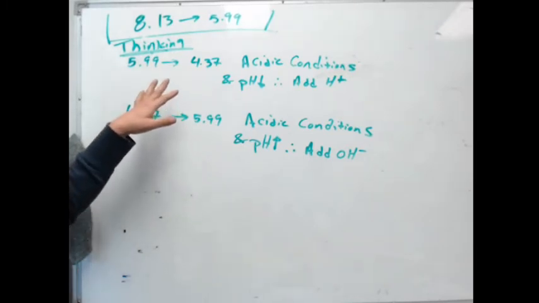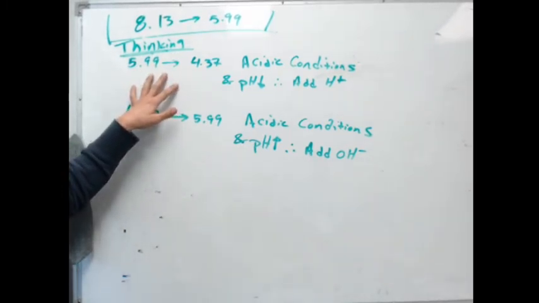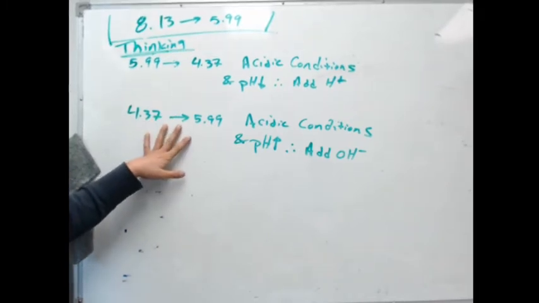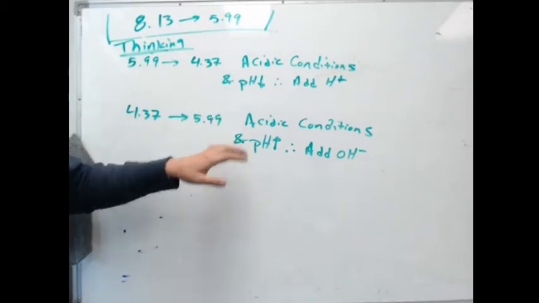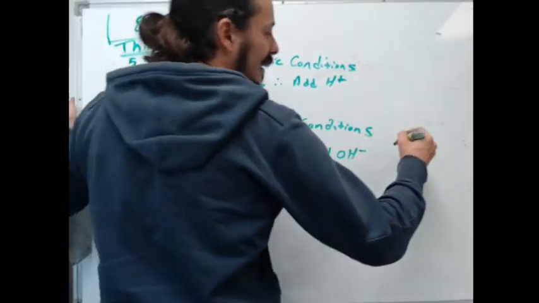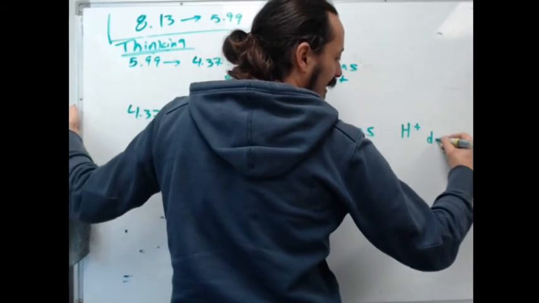If you do this calculation in terms of H plus, it's super easy. If you do this calculation in terms of OH minus, you get the wrong answer, right? Because we're in acidic conditions. Essentially what this means is H plus dominates equilibrium.